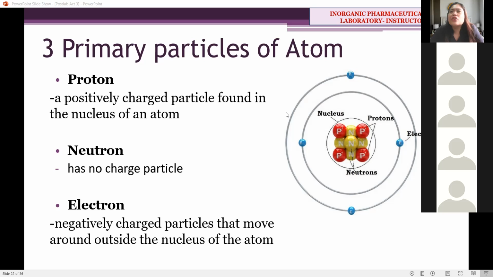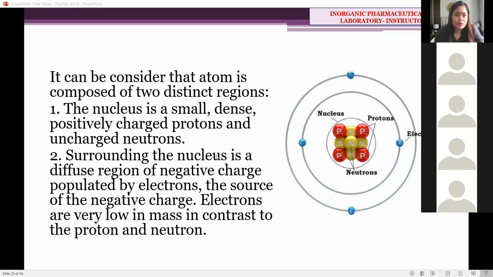And actually, electrons are very light in mass. That is the reason why they are not included in computing the atomic mass of our elements. For atomic mass, only protons and neutrons. Now again, it can be considered that the atom is composed of two distinct regions.